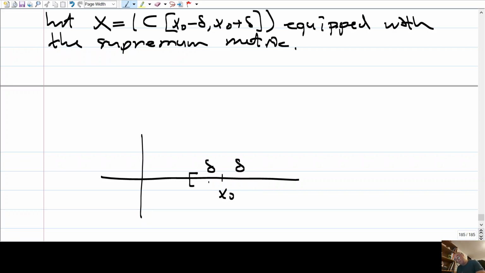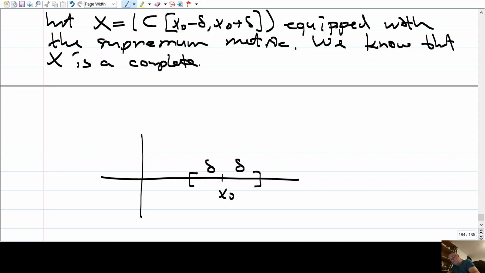Since this is a compact set, these functions are all bounded, and we know that X is a complete metric space. We proved earlier that continuous functions on a closed interval [a, b] form a complete metric space.